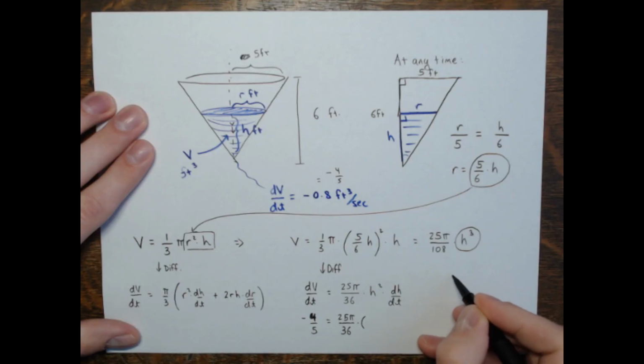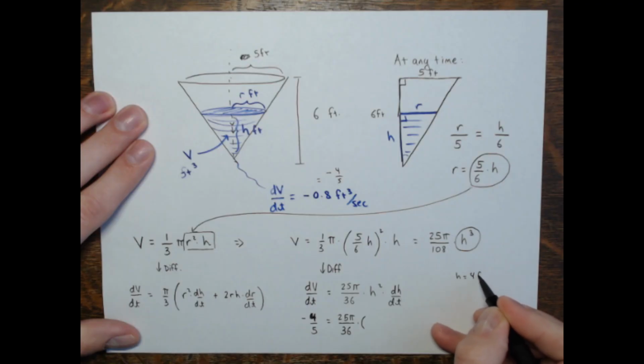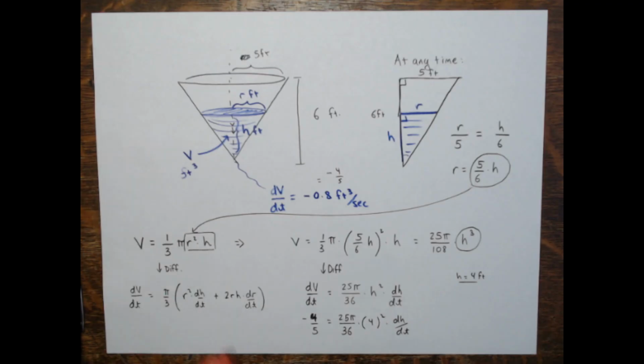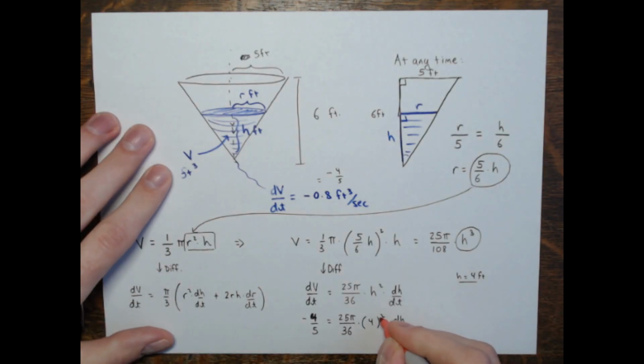And then they told us we're at the moment when the height is 4 feet. At the moment when the height of the water is 4 feet, how fast is the height decreasing? So pop in 4 feet, so this would be 4 squared times dh/dt. Now one of the 4's can go away, this 4 squared, one of those can go with this 4, so this becomes 1. Then you still have a 4 here, which can go into 36 9 times.